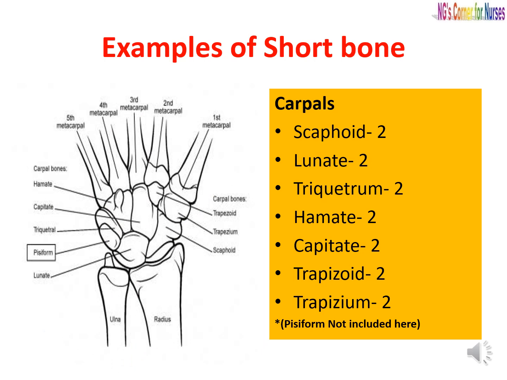Examples of short bones are the carpals of both upper extremities: scaphoid 2, lunate 2, triquetrum 2, hamate 2, capitate 2, trapezoid 2 and trapezium 2. Pisiform is not included in the short bones.